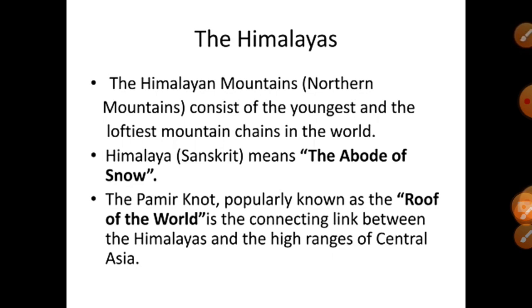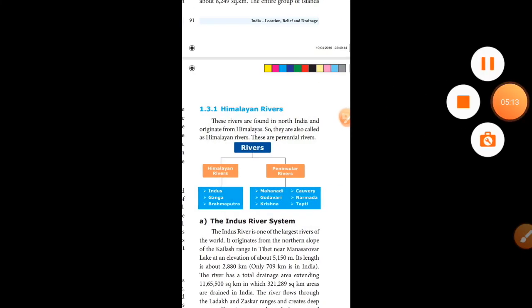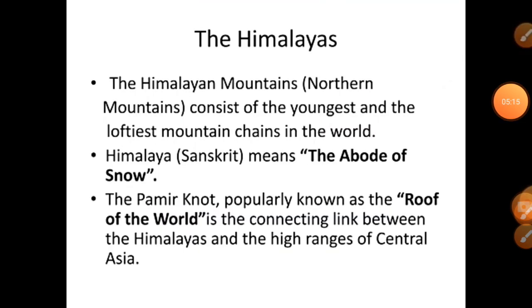The Himalayas is a Sanskrit word which means the abode of snow. The Pamir Knot, popularly known as the roof of the world, is the connecting link between the Himalayas and the high ranges of Central Asia.